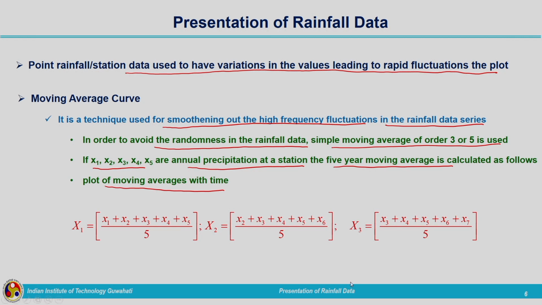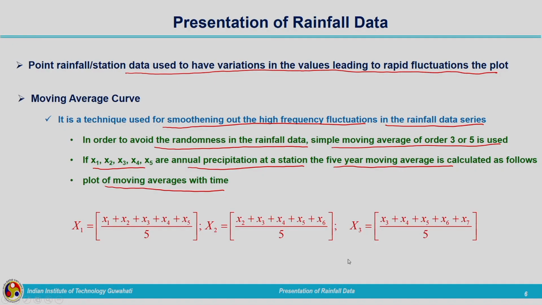Summation of 5 terms will be taken and the average found, and these averages up to xn will be plotted to get the moving average curve. This curve will be a smoothened curve which will not show the fluctuations present in the individual data points.